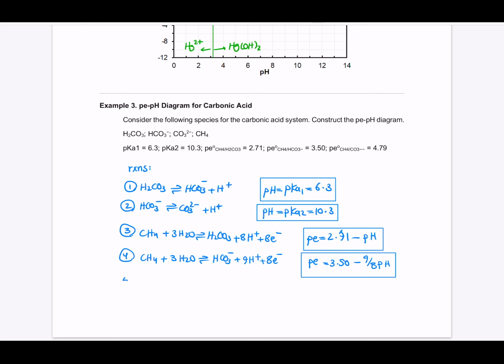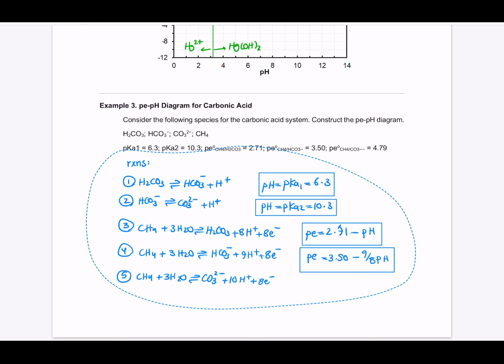And then the last one is basically between methane and carbonate: PE equals 4.79 minus 5/4 pH.